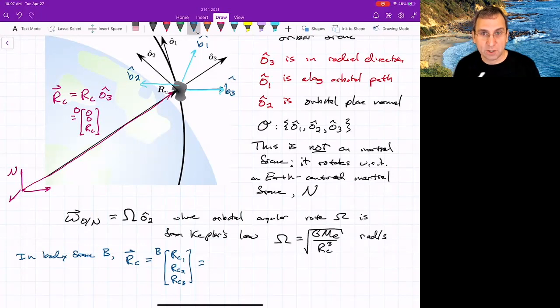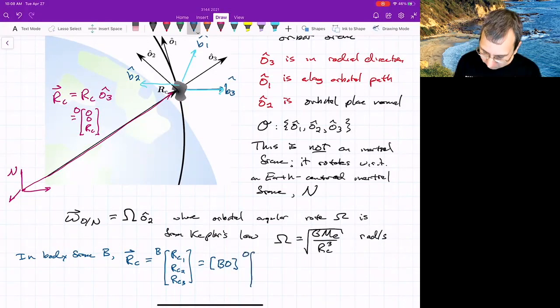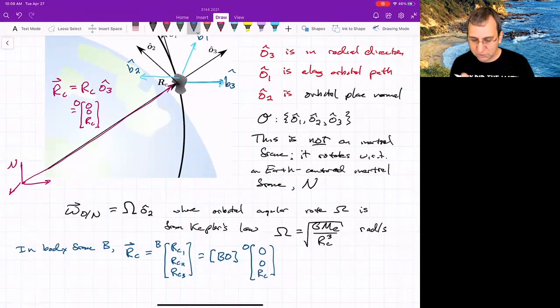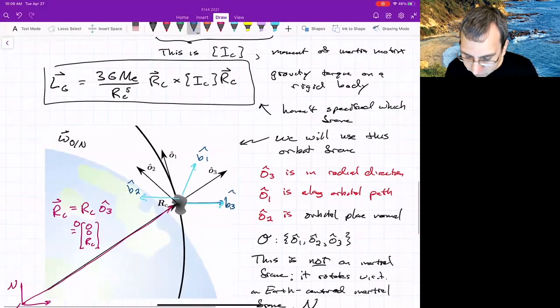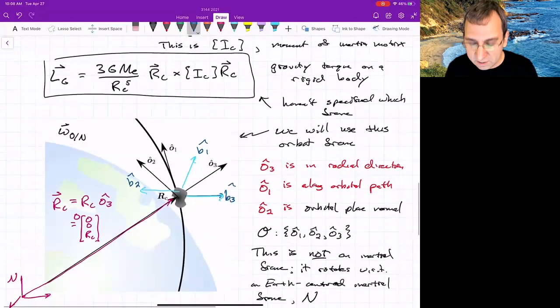And then using how we know to relate reference frames, if you have a vector written in the B frame, it's the direction cosine matrix BO times the column vector 0, 0, RC, because we're multiplying times what the RC vector is written in the O frame. Okay, now combining all of this with what we have for the gravity torque on a rigid body, we've got everything we need.